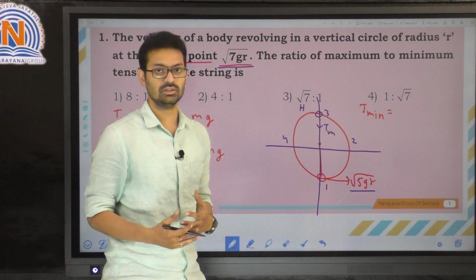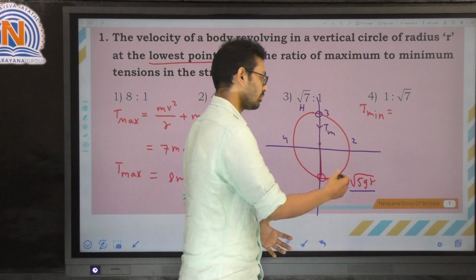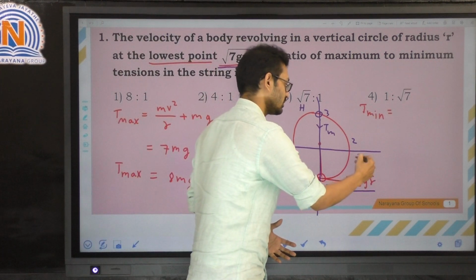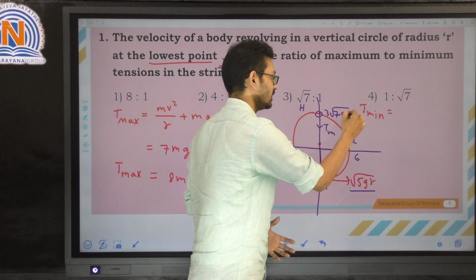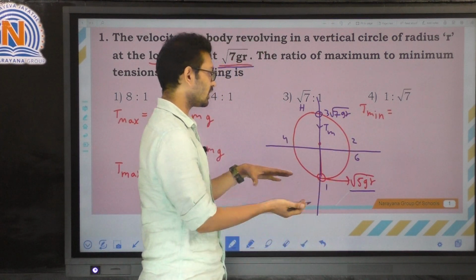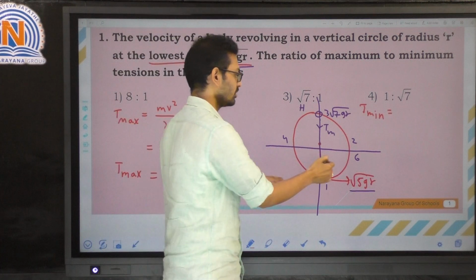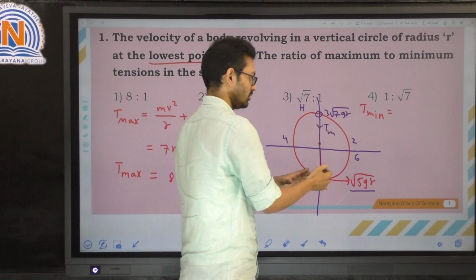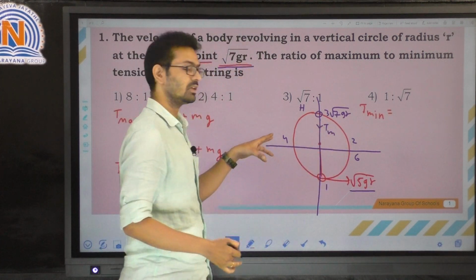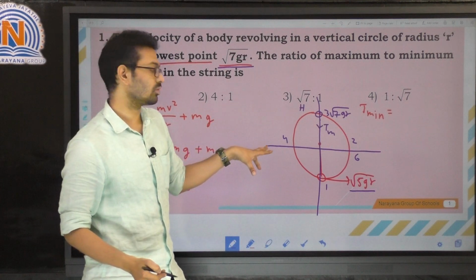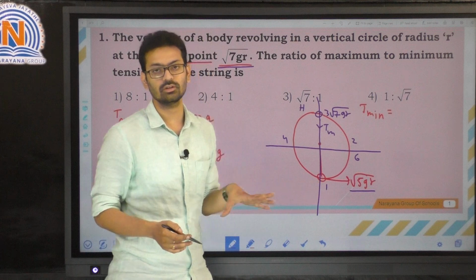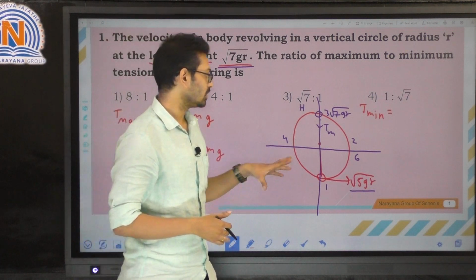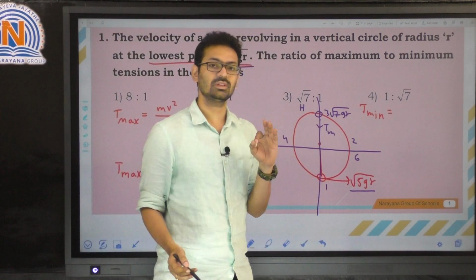How much velocity is it having? Root 5, 6, 7. So here it is going to be root 7 gr. If you conclude this into 4 pieces, you have to complete this 4th one also, then only your complete loop is completed. So you have to add up still 3 more.